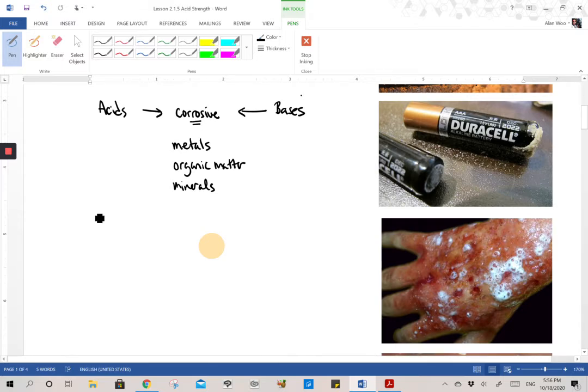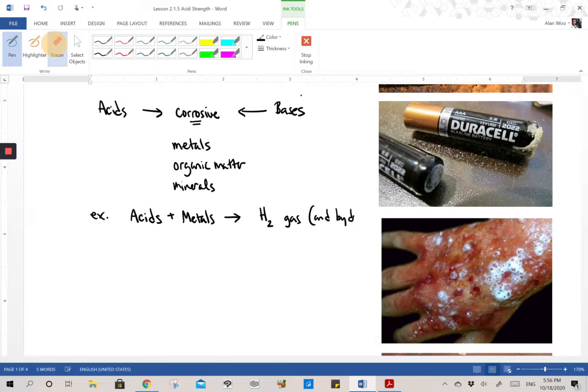So, for example, acids added to metals will generally produce hydrogen gas and other byproducts, but hydrogen gas is the major one.